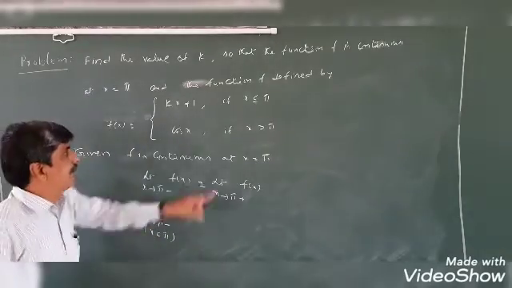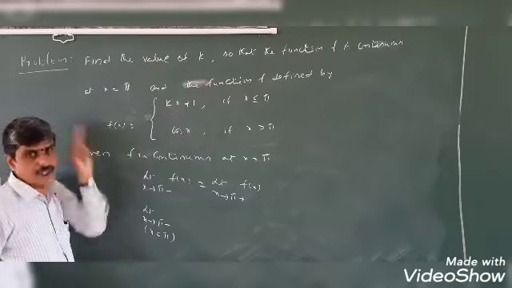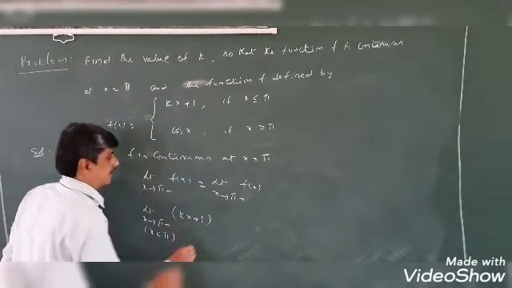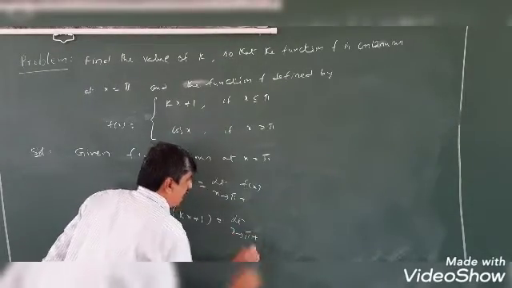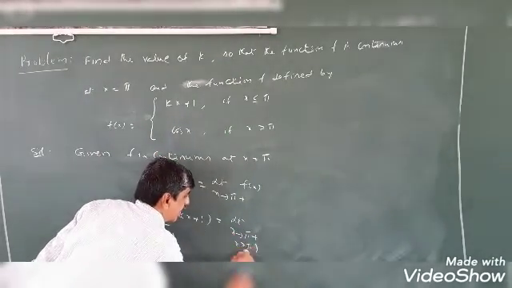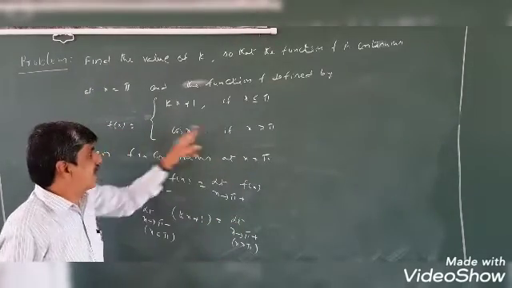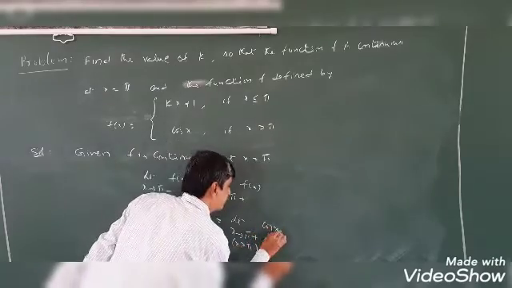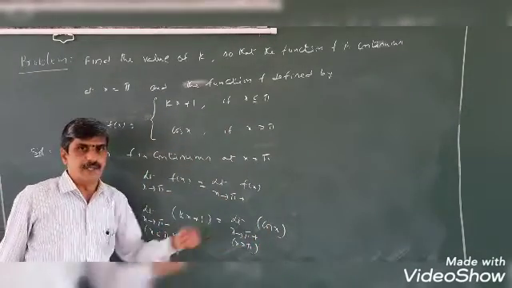So x less than pi means x less than or equal to pi case, f of x is defined as kx plus 1, is equal to limit x tends to pi plus. So x tends to pi plus means x greater than pi. So if x is greater than pi, f of x is defined as cos x. Then evaluate these limits.